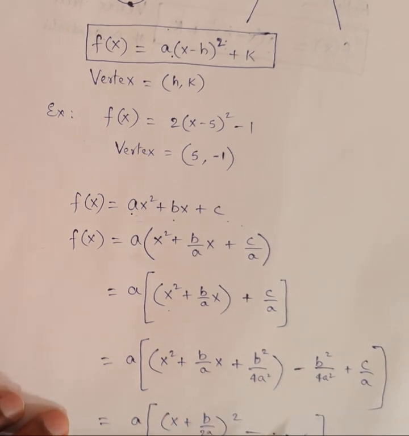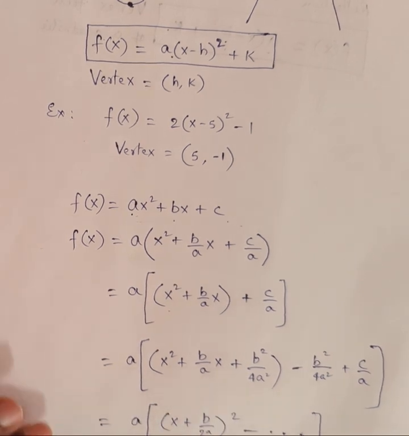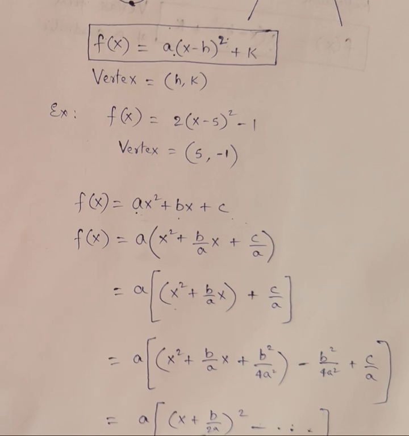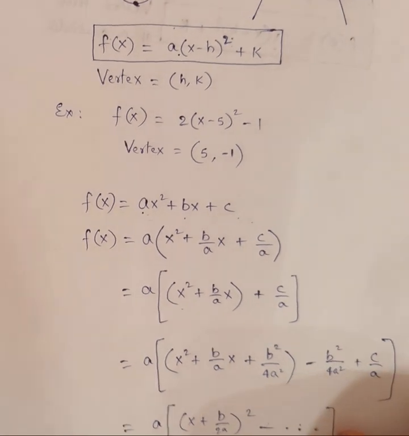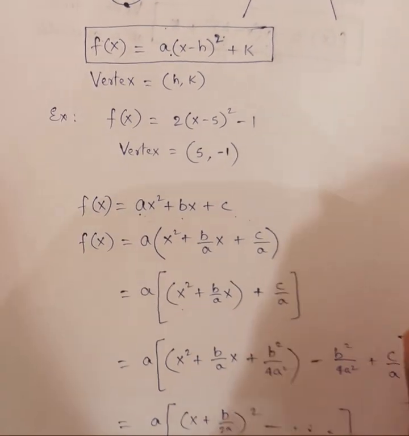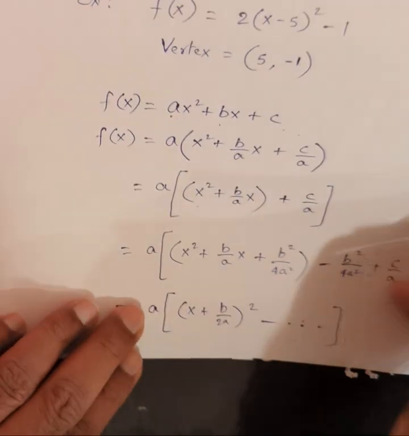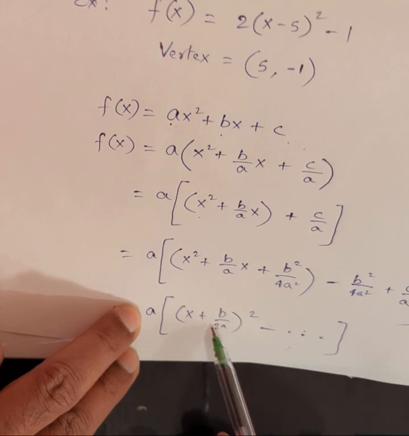So let's forget that for the moment. Now, if you wanted the coordinates of the vertex, then of course you would need to get that expression as well. But we only focus on the x coordinate of the vertex. So the x coordinate of the vertex happens to be just negative b over 2a.